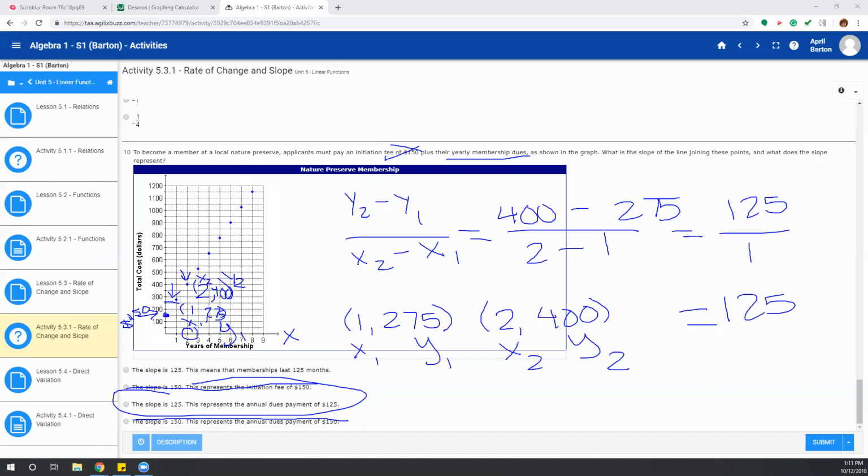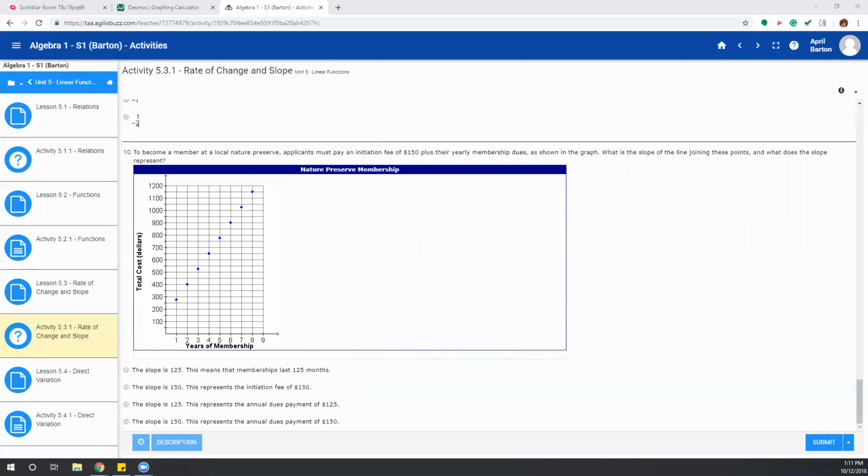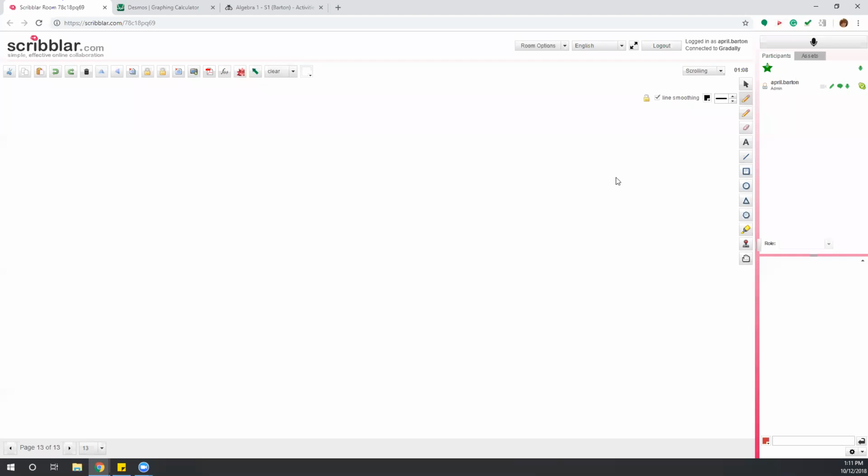Let me clear out everything I wrote down. Sorry, I had to change some settings so I could actually use my mouse again. There we go.